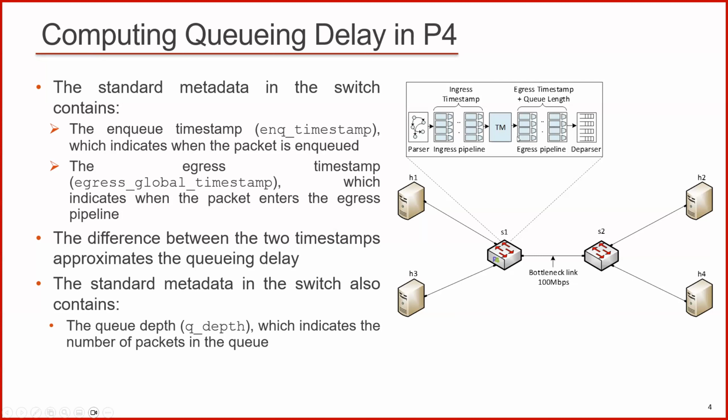With these two timestamps, we can compute their difference, and then we will be able to find out the queuing delay and how much time the packet has spent in the buffer. Also, as part of this standard metadata, sometimes called intrinsic metadata in some architectures, we also have a field which tells us the queue depth in packets. So we can know how many packets exist in the queue whenever we are processing the current packet in the switch.